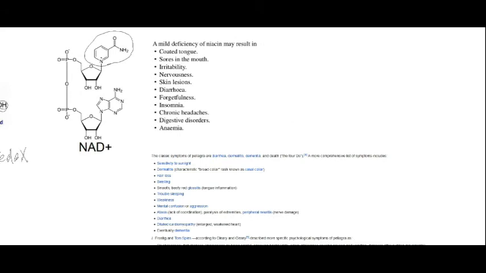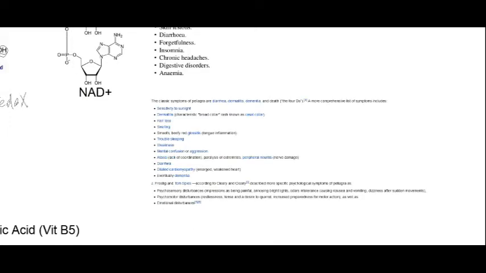Over here, I have this list of mild deficiencies in vitamin B3: coated tongue and sores in the mouth, irritability, nervousness, skin lesions, and so on and so forth. But down here is what can become more severe.